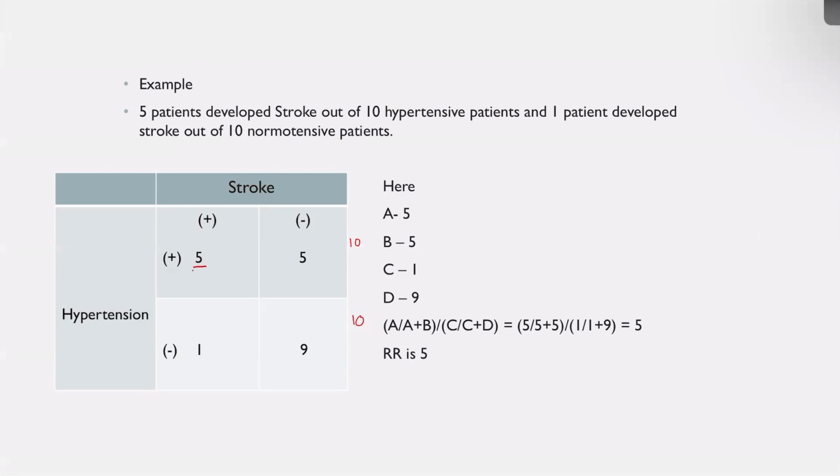So you put stroke, 5 patients here, and that leaves you with 5 patients who did not develop stroke. And from this 10, you have 1 who developed stroke, and 9 who did not. And then again, you got your A, B, C, and D. Then you just use this formula and put in all the data, and you'll get 5. Relative risk is 5 here. All right.